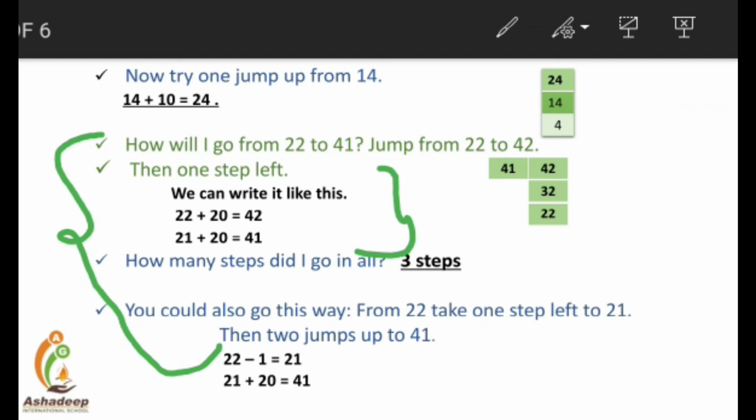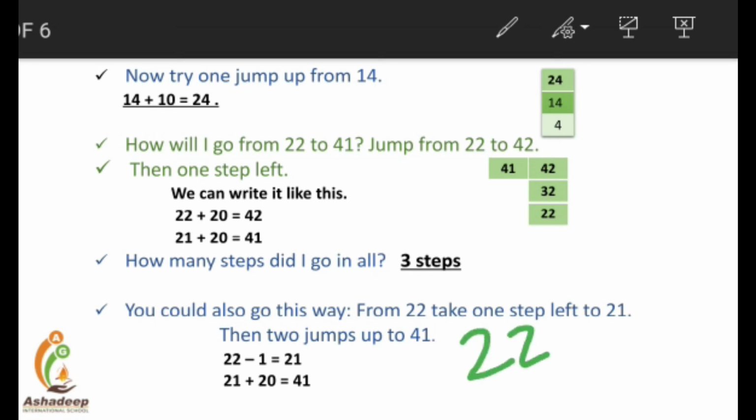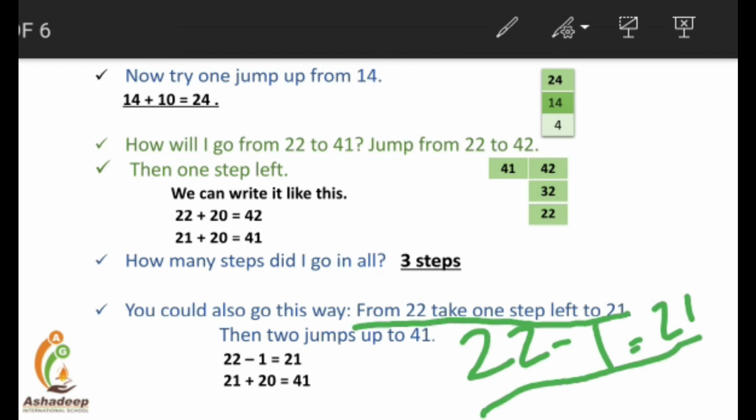In the first process we are adding 20 to 22 and 20 to 21, but in the second we are not doing that. First of all, we write 22 minus 1, so we get 21. Here it is clearly given that from 22 take one step left to 21, so 22 minus 1 is equal to 21.